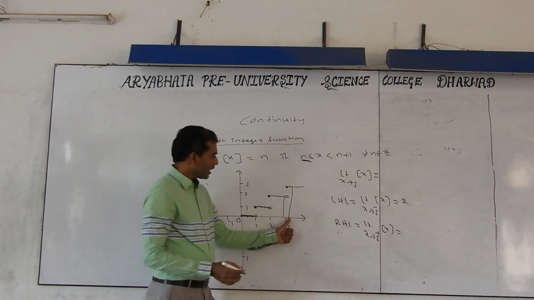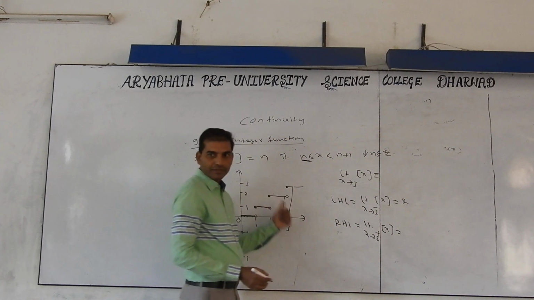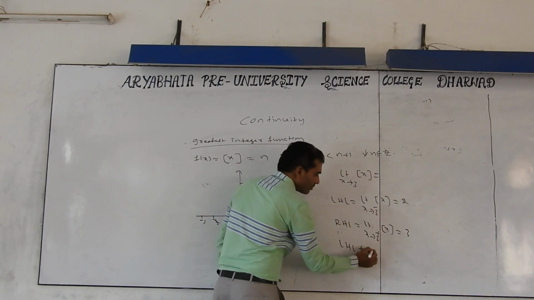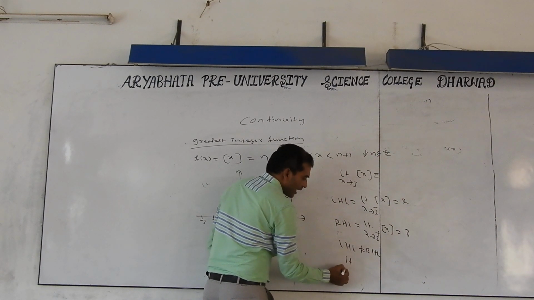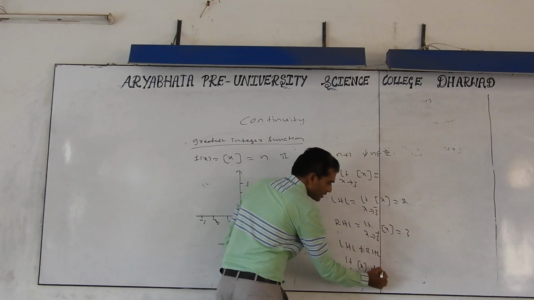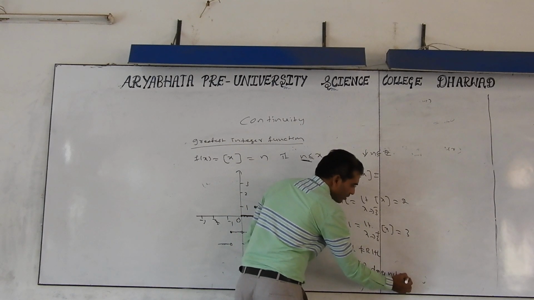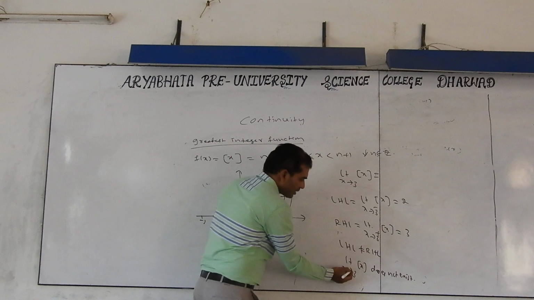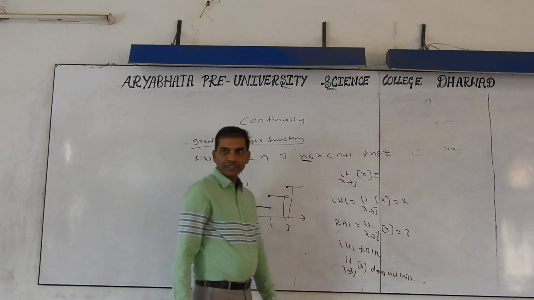Above 3, the value is 3. So the left limit is not equal to the right limit. Therefore, limit x tends to 3 of step x does not exist.